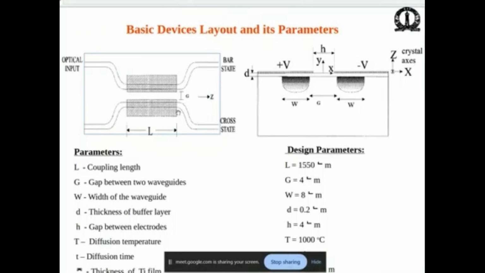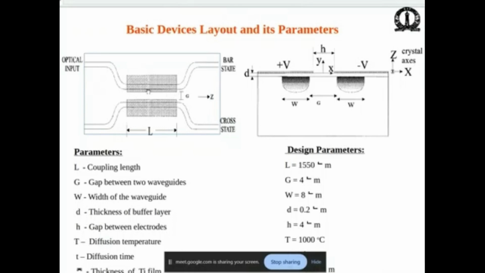So we can work out the mathematics of that. Take the wave equation and apply it, then you can see that all the light from the input port can be pushed onto the output port. You call it the crossover state. Then you can also apply the voltages on these arms and change the properties.